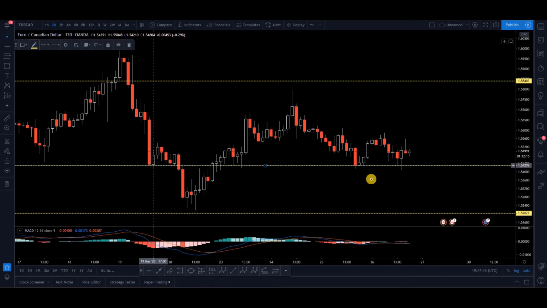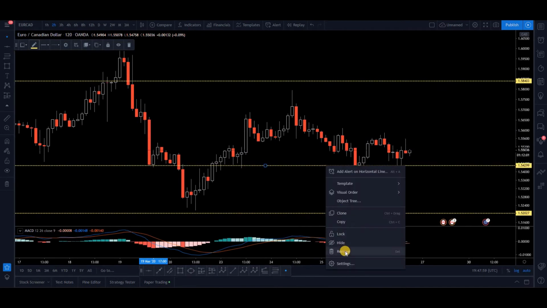If I drop a line in there, we have two bounces on this support level, a touch there, another touch there, and two bounces here. So it's quite a significant level, and price has been supported there very recently.